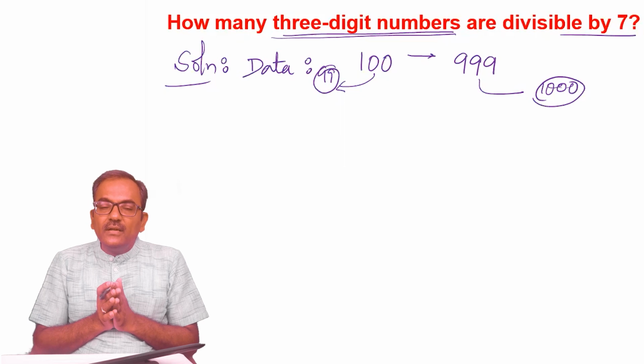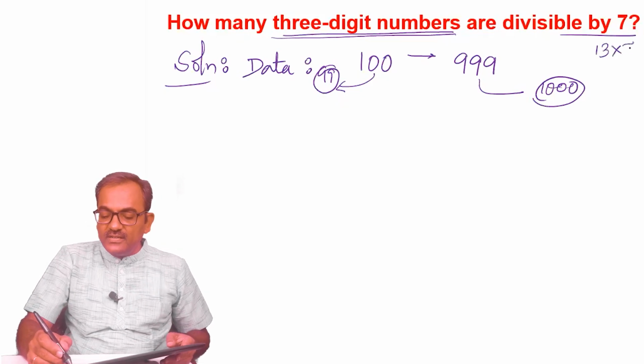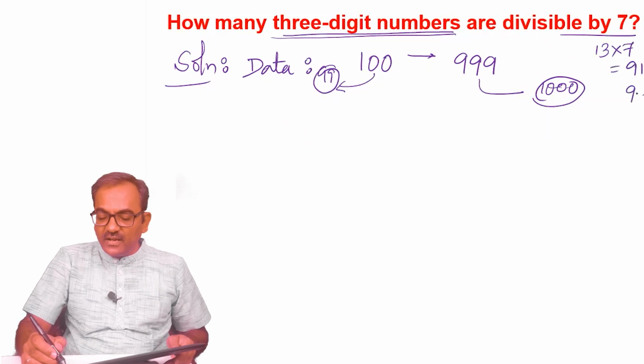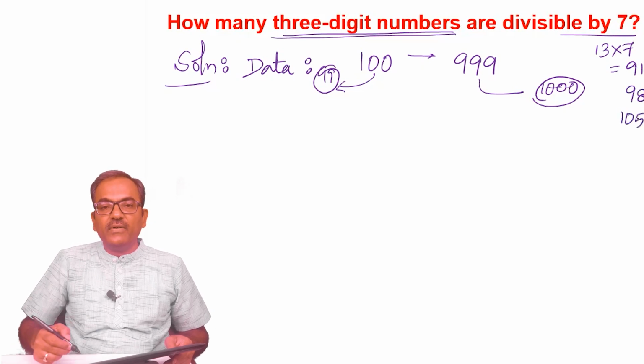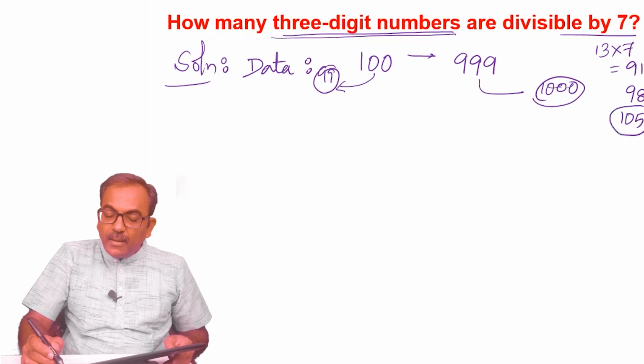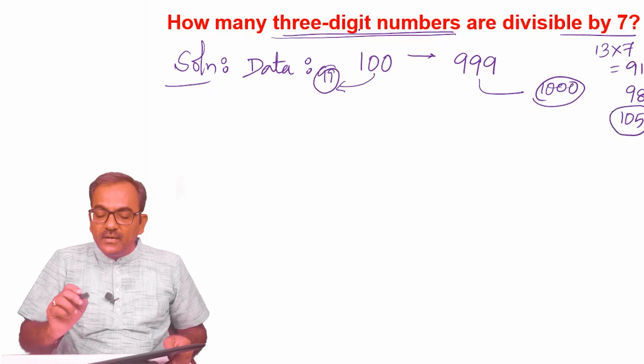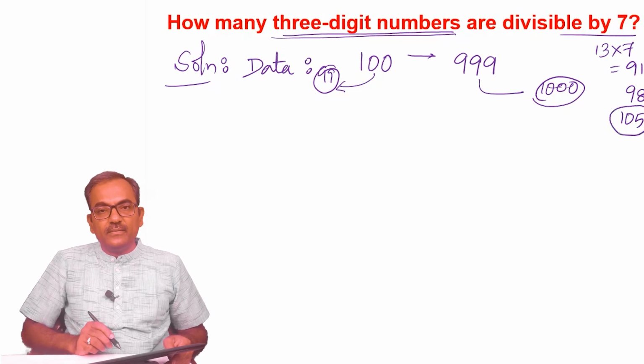So to begin with, is 100 divisible by 7? Definitely no, because 13 sevens are 91, 14 sevens are 98, 15 sevens are 105. Every time the number that you take as a 3-digit number should be clearly divisible by 7.